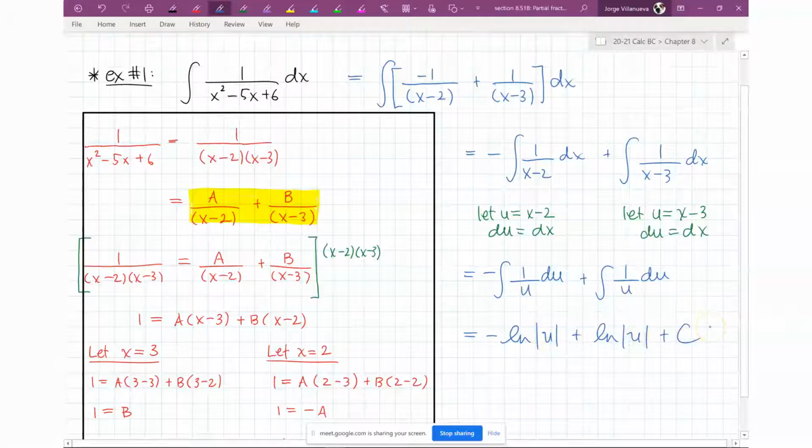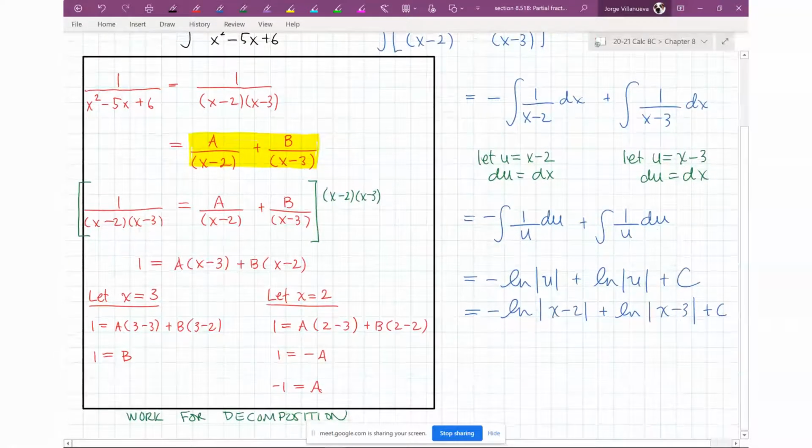Now, can you understand why it's not good to use u twice? Because which u goes where, right? It's best to keep it in w's and stuff, but if you can keep your work in order, then that's fine. But right here, it can start to get really complicated. So this would be an x minus 2 here, and the other one would be an x minus 3.